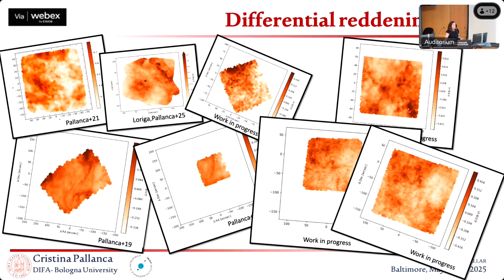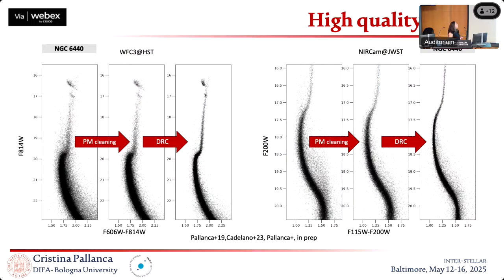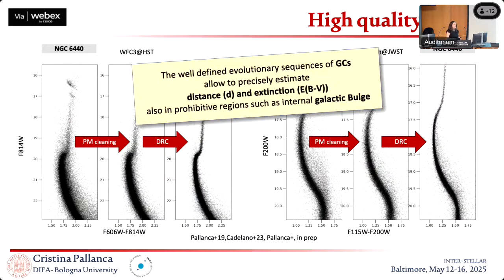And to give an idea of how much the situation improves by applying this correction, here I'm reporting the improvement of a color magnitude diagram obtained with HST or JWST. And by the way, the message here is that thanks to the fact that they are simple stellar populations, it's quite easy to derive a very precise distance and extinction also toward very difficult regions such as the galactic bulge.